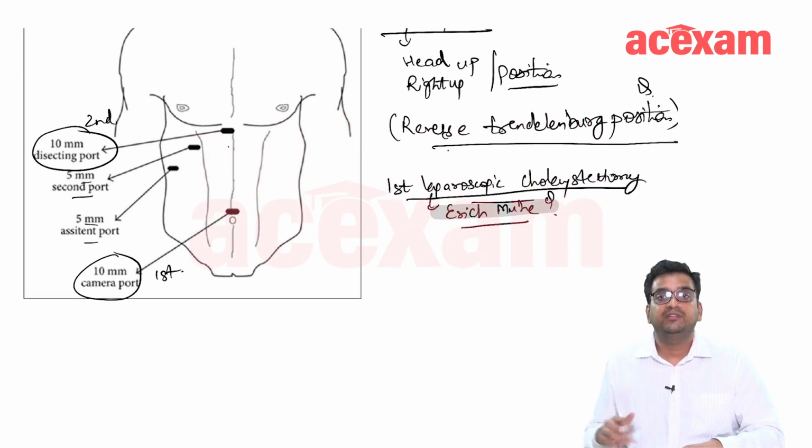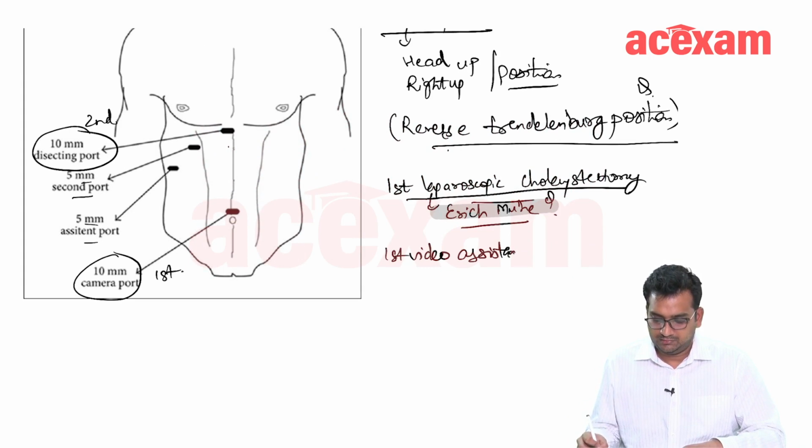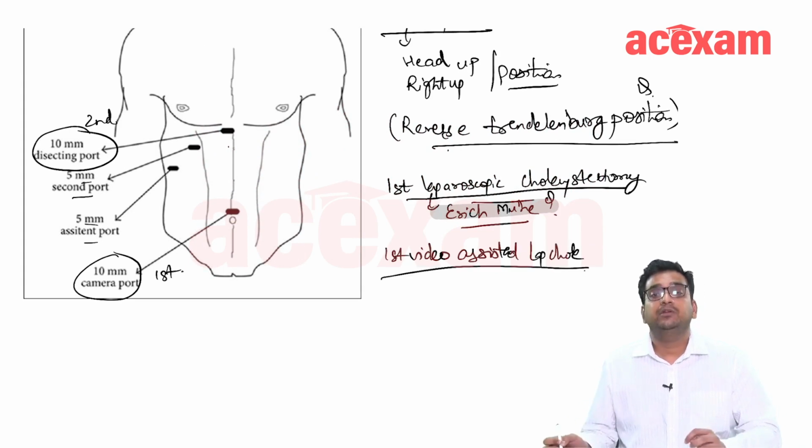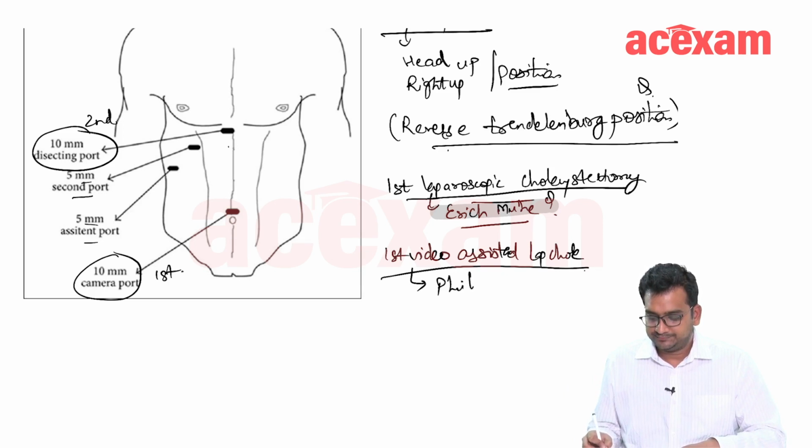Now, who performed the first video assisted lap chole? This is slightly easier to remember. Now we have a Philips monitor. You just remember it like that. So, Philip Murray, using a Philips monitor. Philip Murray performed this video assisted laparoscopic cholecystectomy.